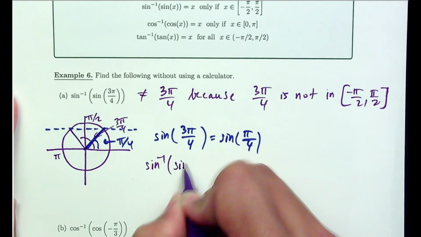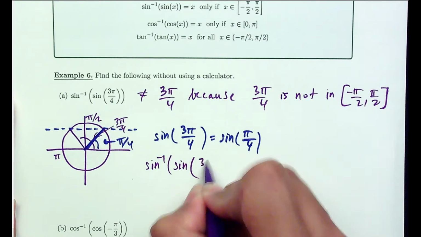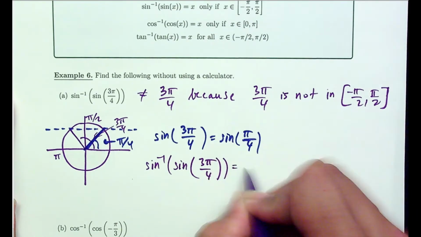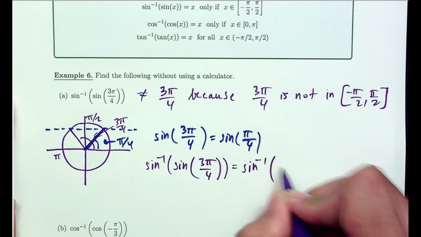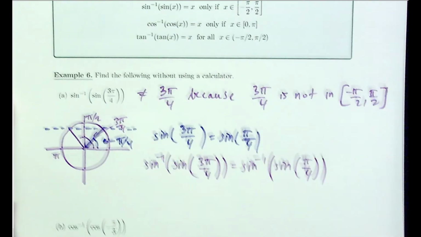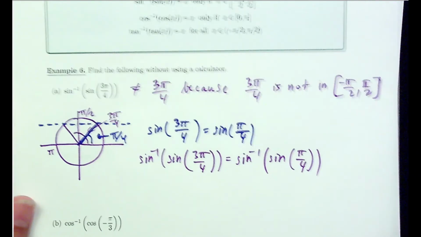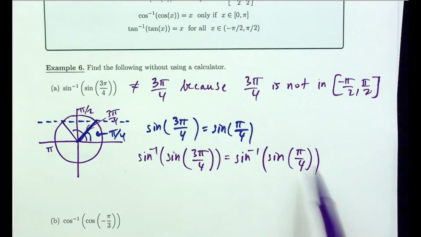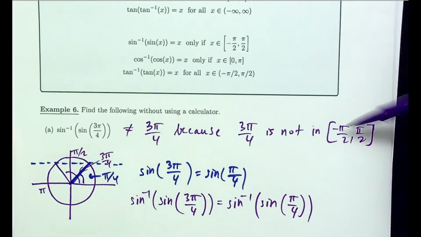That means sine inverse of sine of 3 pi over 4 is the same as sine inverse of sine of pi over 4. I can do that replacement. And now pi over 4 is within bounds, between negative pi over 2 and pi over 2.